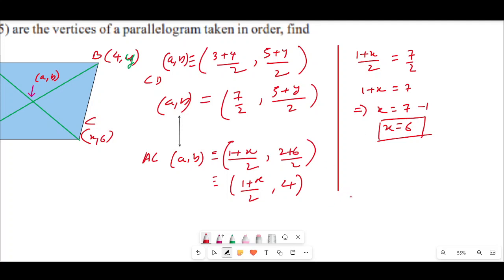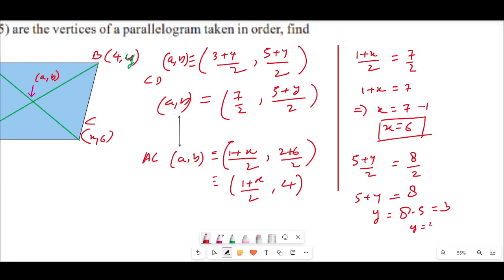Now come to the point for B, that is (5 + y)/2 = 4. Clear? Then we can say that (5 + y)/2 = 8/2, that means 5 + y = 8 and y = 8 - 5, that is 3.